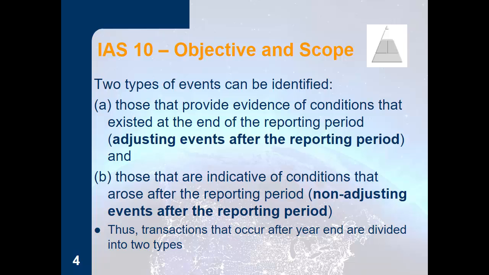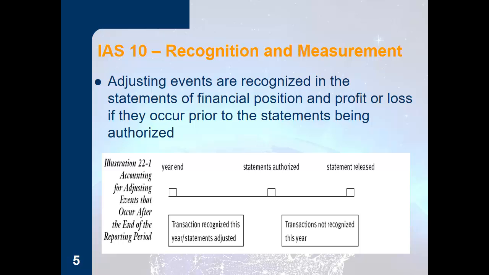Those are called adjusting events after the reporting period. Then we have other events that are indicative of conditions that arose after the reporting period, and we call these non-adjusting events. And so we've got these two different types, adjusting versus non-adjusting events, and the names are descriptive because we make adjustments for the adjusting events, but we do not make adjustments for the non-adjusting events.